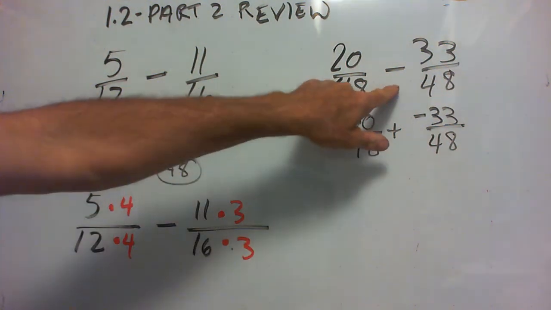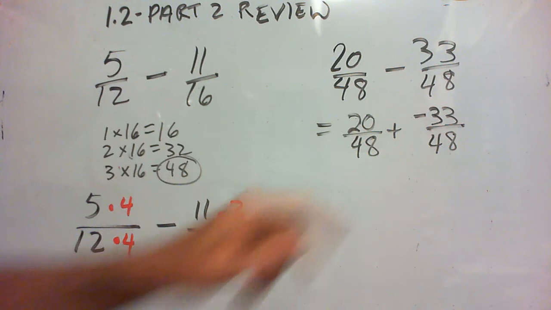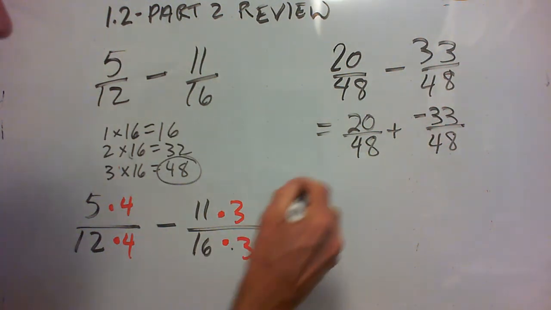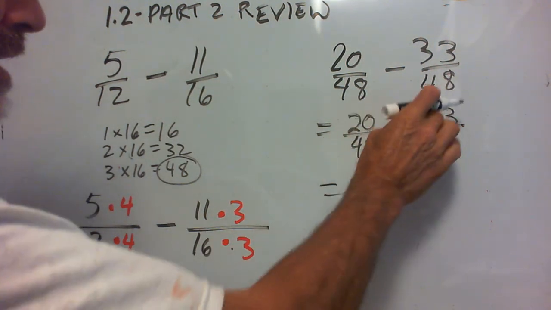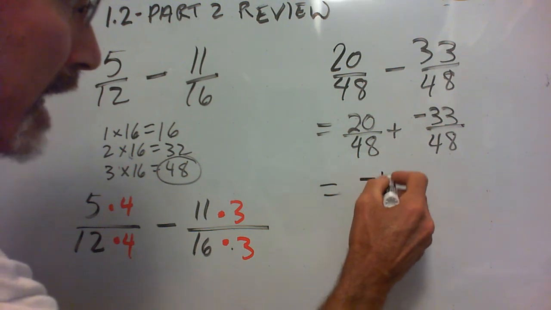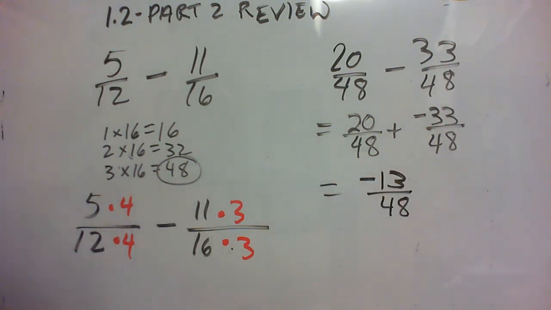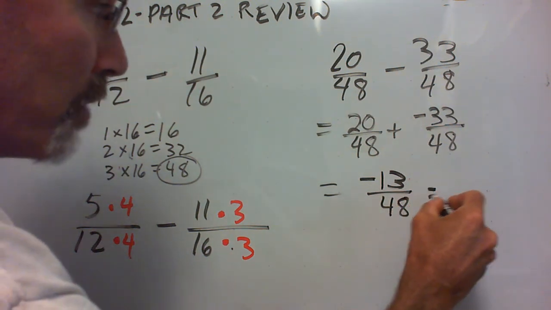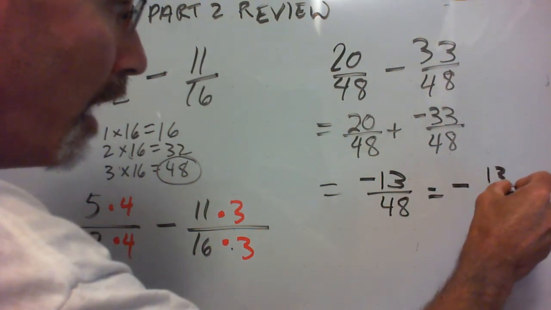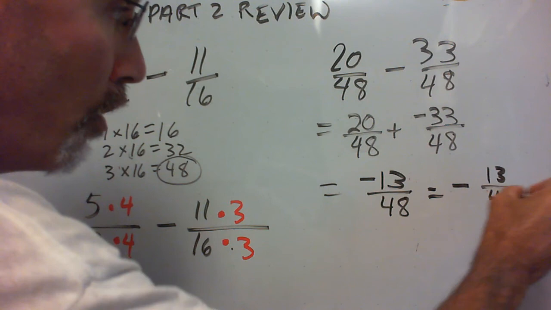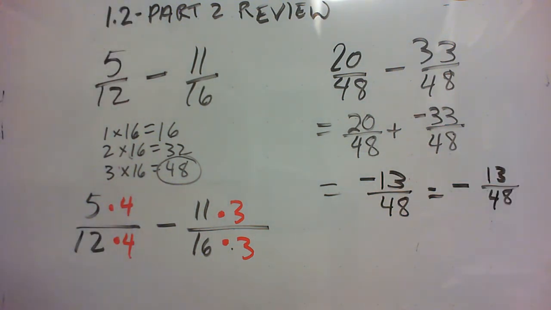Remember, subtracting a positive is the same as adding a negative. And when we do that, 20 plus -33 is -13/48, which we also can write as negative of the whole fraction 13/48.